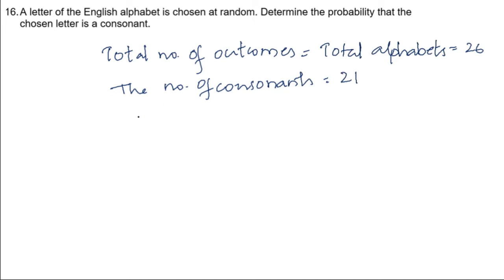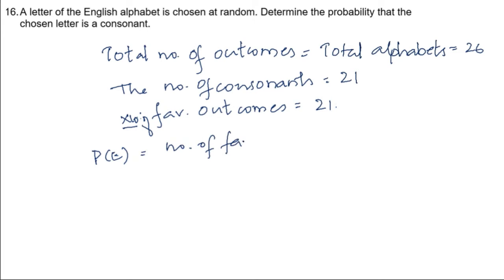These are nothing but the favorable outcomes. So the number of favorable outcomes is 21. So the probability of the event is the number of favorable outcomes divided by the total number of outcomes.